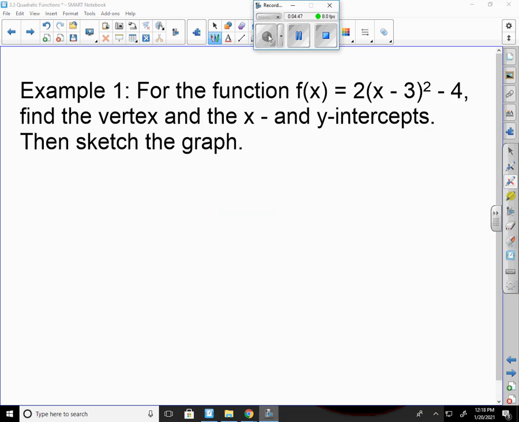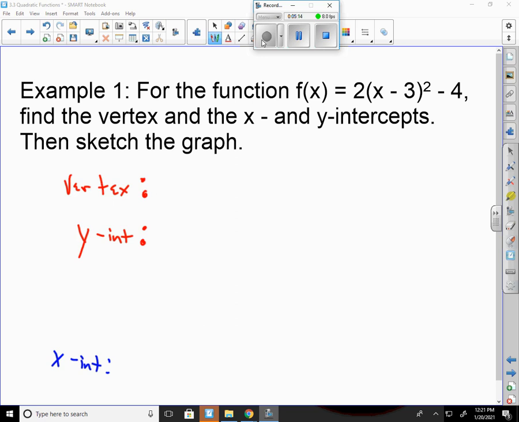Okay, so for the function f of x equals 2 times x minus 3 squared minus 4, find the vertex and the x and y intercepts. To find the vertex, this is the hard part, so I'll do this part and I'll let you figure everything else out on your own.